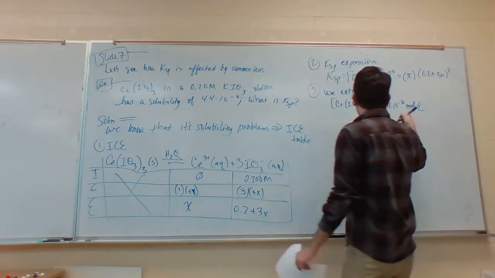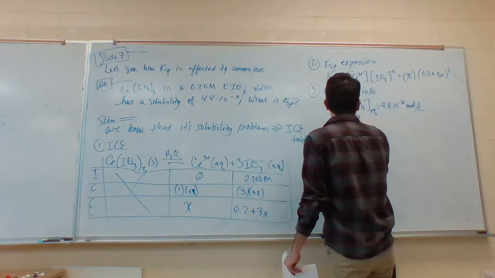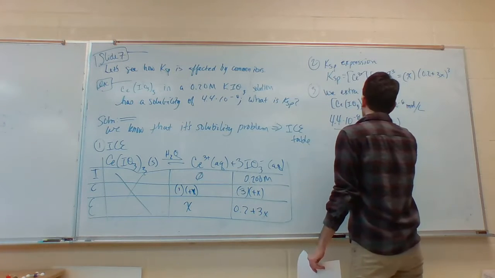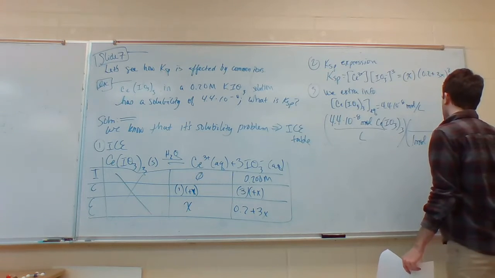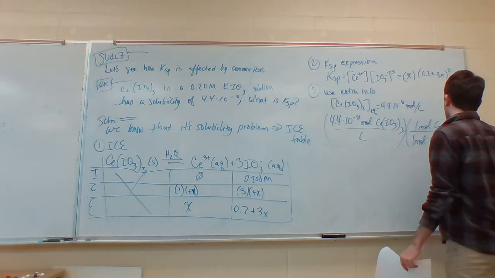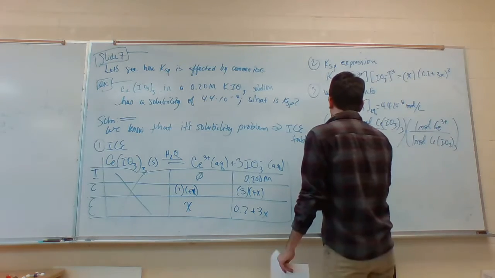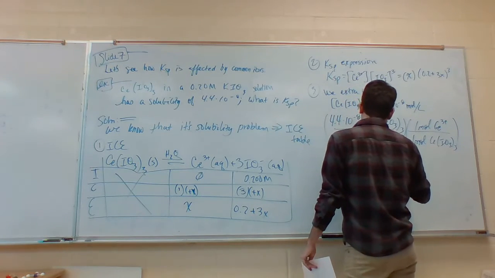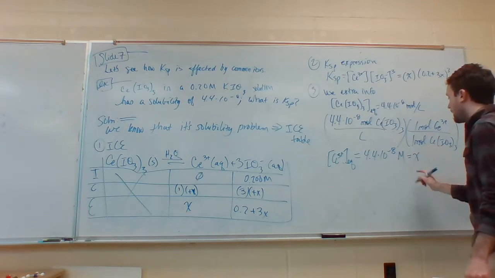So we know this is 4.4 times 10 to the negative 8 moles of cerium iodate per liter, and for every 1 mole of cerium iodate, I'm going to get 1 mole of cerium 3+, which means that my concentration of cerium 3+ at equilibrium is equal to 4.4 times 10 to the negative 8 molar. Now, that also corresponds to x.